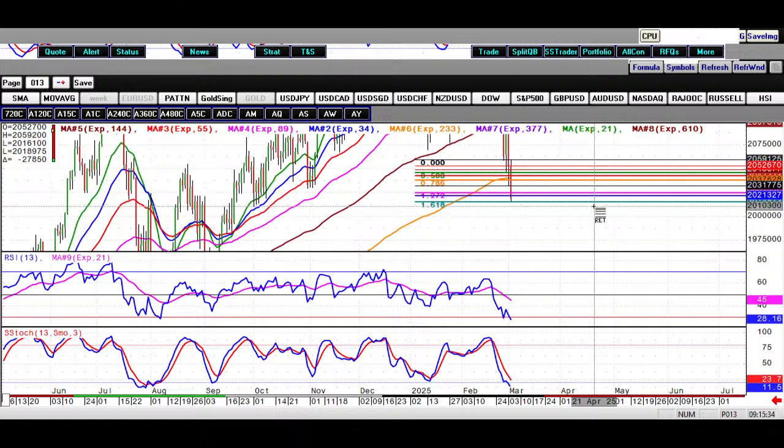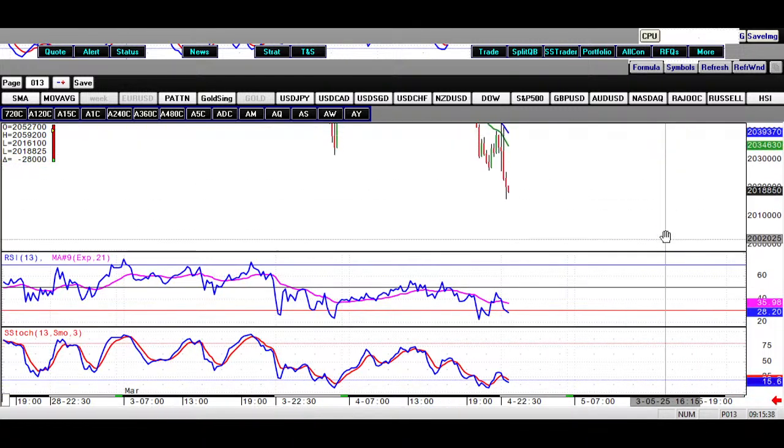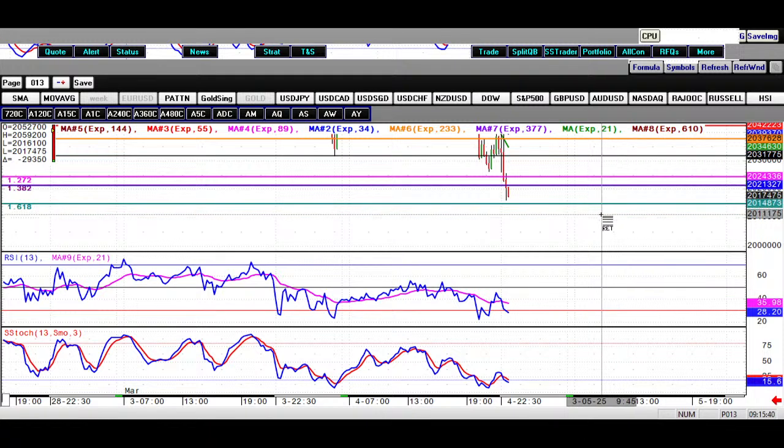This might be the low, or we might see another 15 more minutes of weakness. Either one is possible. So let's wait to see where the market gets its stability.